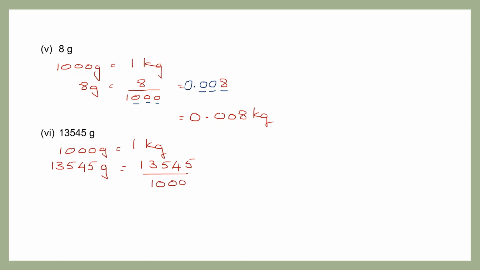So when you divide by 1000, write that number as a whole number. Then look at the denominator. It has 3 zeros. Move the point 3 places to the left. 1, 2, 3. The point comes here. So what's your answer? 13.545 kilogram.